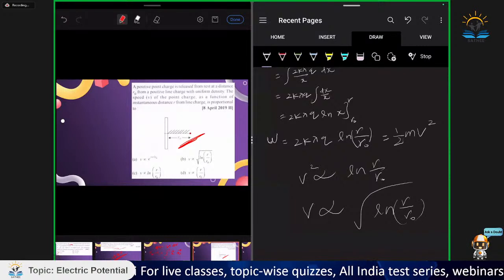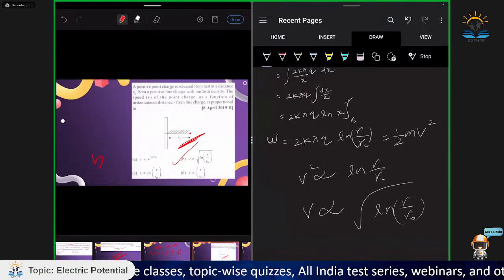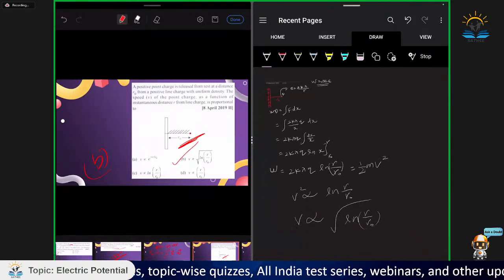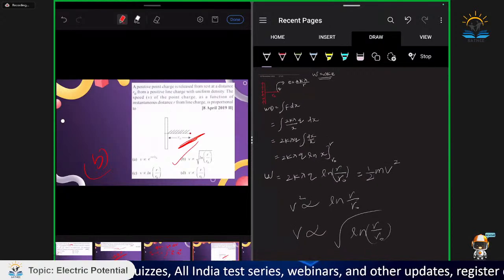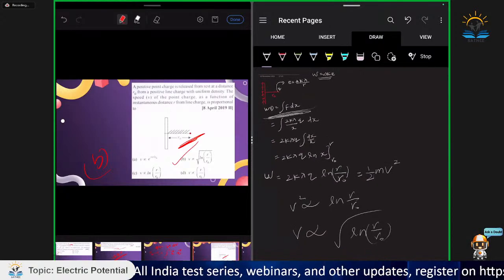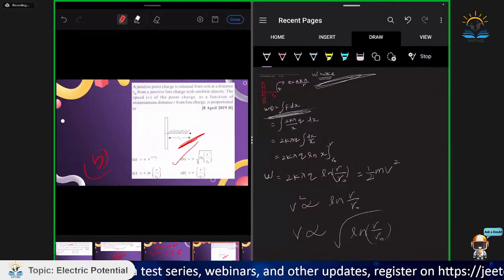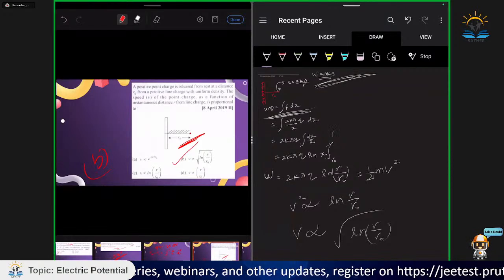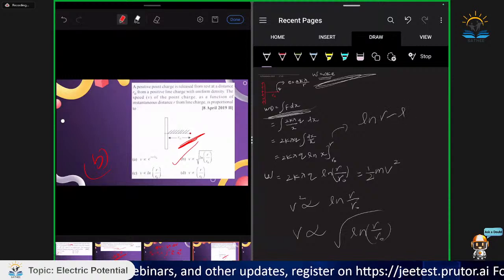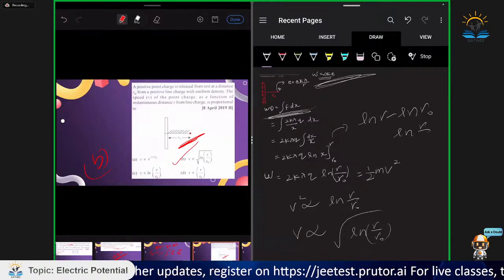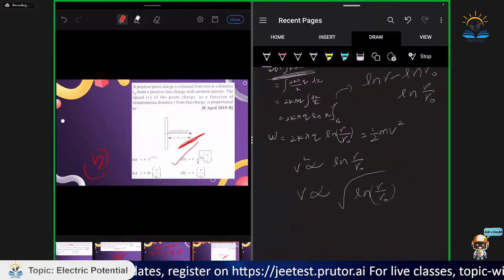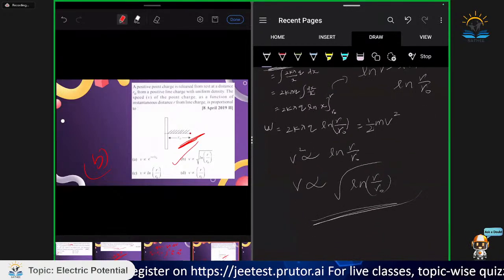So the answer is B. Work done by all forces is equal to change in kinetic energy. Easy, right? So we got the answer.